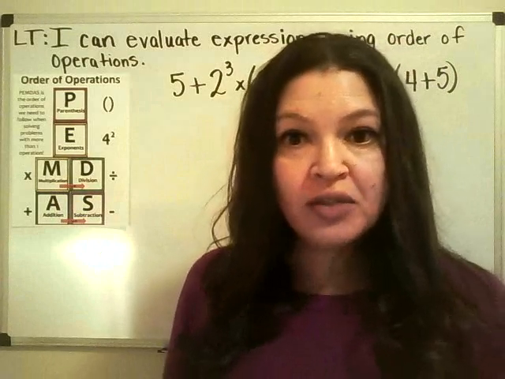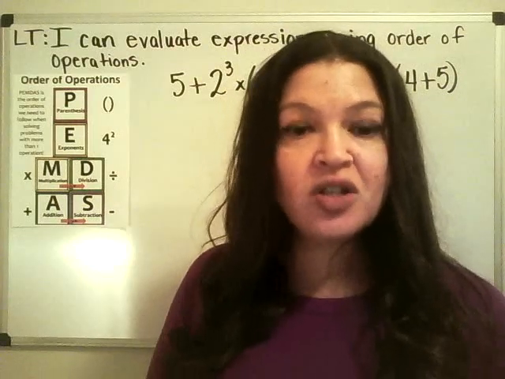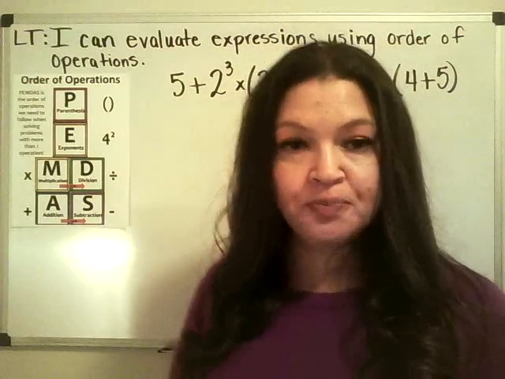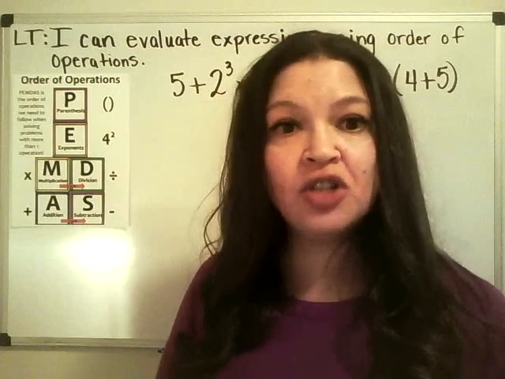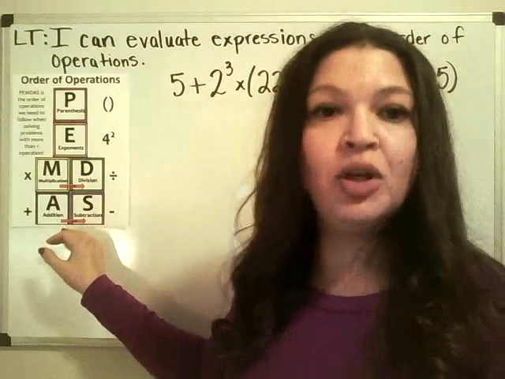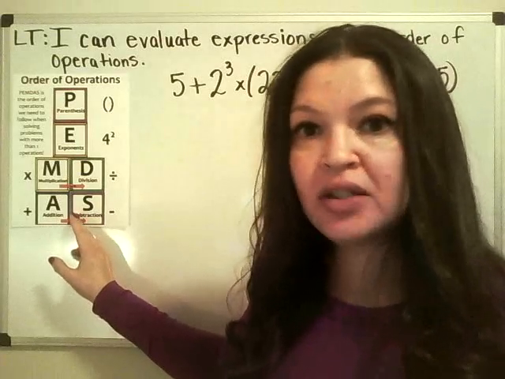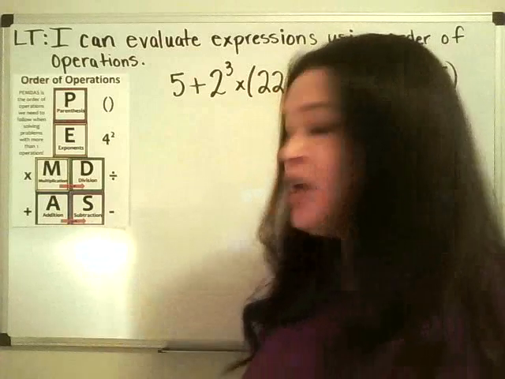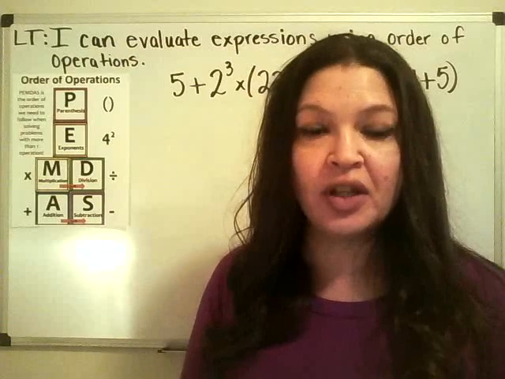So sometimes you might divide first, sometimes you might multiply first. It just depends what is in the expression. After you have completed multiplication and division, you step down to the last step, which is again adding or subtracting from left to right in the order that it appears first in the expression.